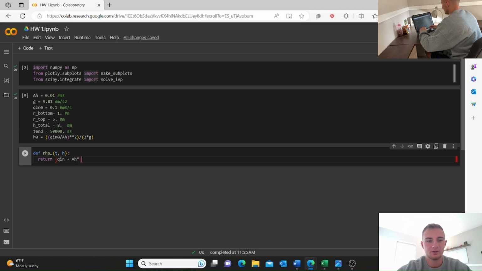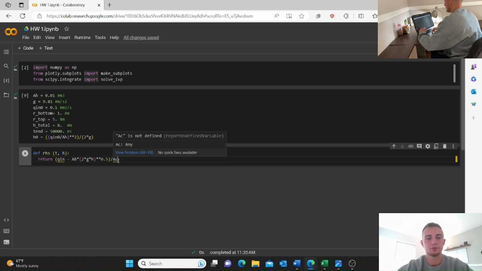So multiplied by 2 times g times h, that all raised to the 1/2. Put a parenthesis there, and this entire thing is divided by the cross-sectional area of the height of the fluid. Okay, so two things we don't know here.